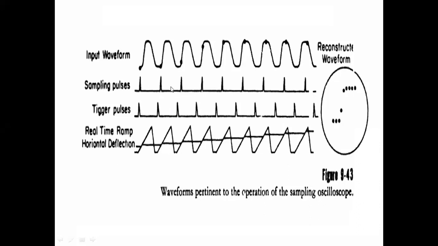When the sampling pulses are generated, the input waveform will be selected at that point of the sampling pulse, and we will get some shape of the waveform, and in the construction area we will get this type of representation of the signal. When we combine these samples, we will reconstruct the signal.